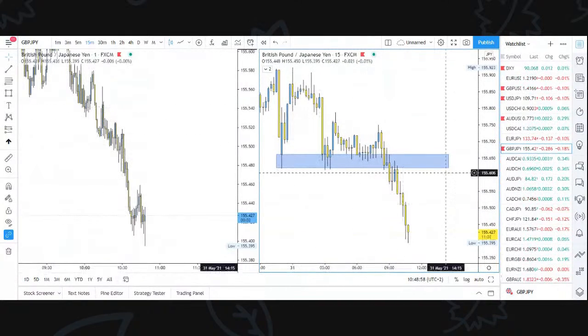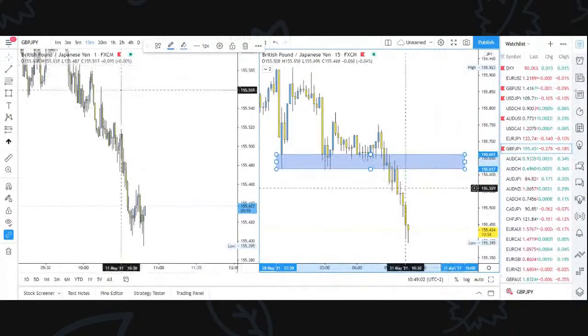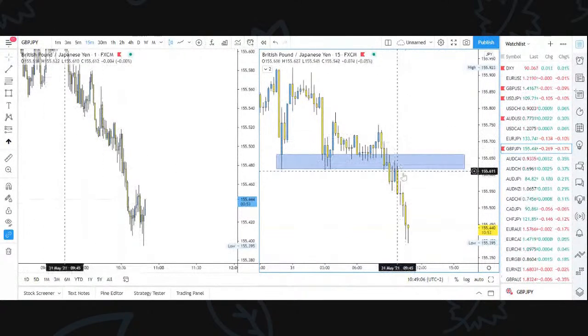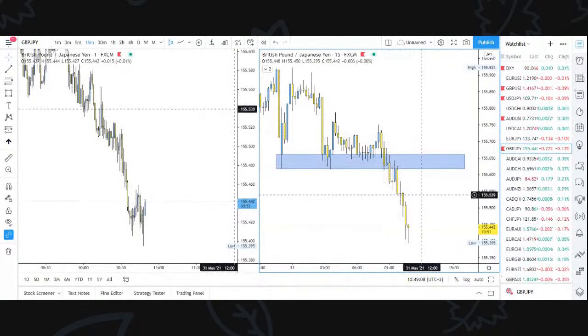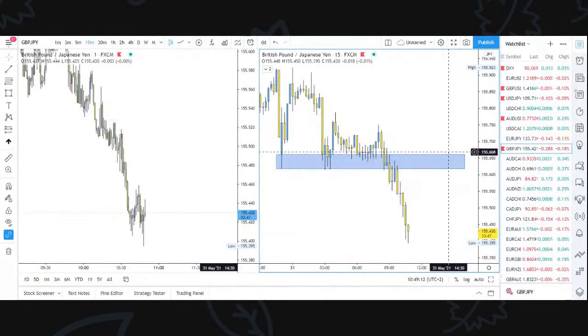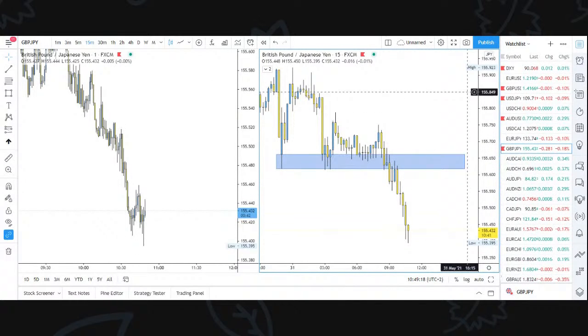Or pull back into this region to get a retest on the 15-minute. Or you can say double top if you want to call this a retest already. Get a pullback, and then start entering on 15M momentum. Okay, so that's what we will be looking for.